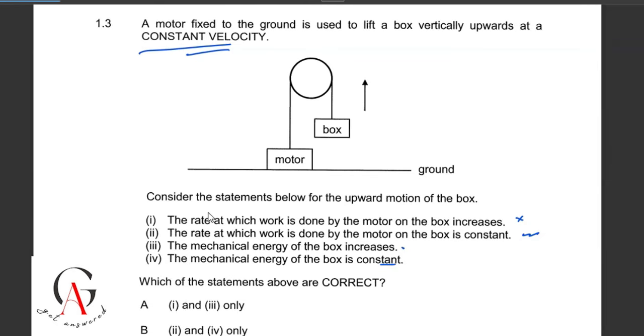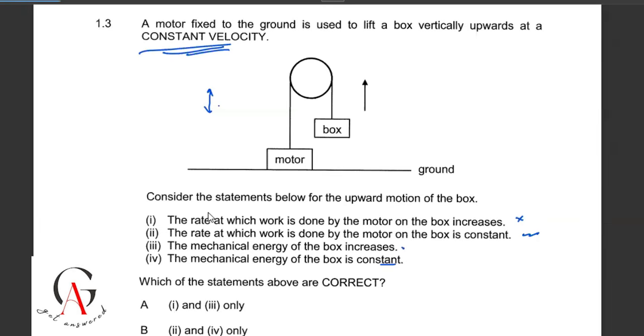Now, one thing we need to remember is that the motor is fixed and is used to lift vertically upwards at a constant velocity. So if the velocity is constant, we know that the acceleration is going to be 0 definitely, but it's not going to help us in this format. So what is going to happen to the mechanical energy?